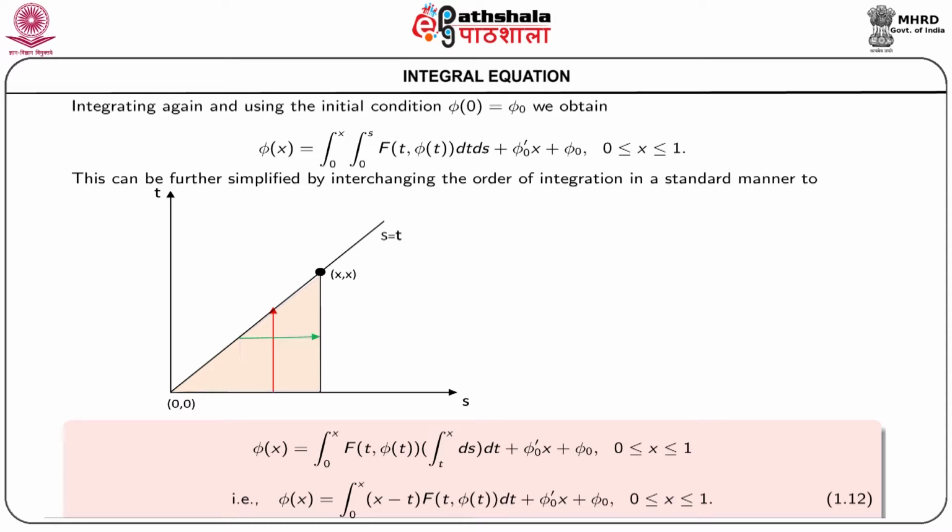In this equation 1.12, phi t, the unknown function, appears under the sign of integration. The range of integration, we see, is from 0 to x. So the upper limit of integration is variable, and phi x also appears free from integral sign.